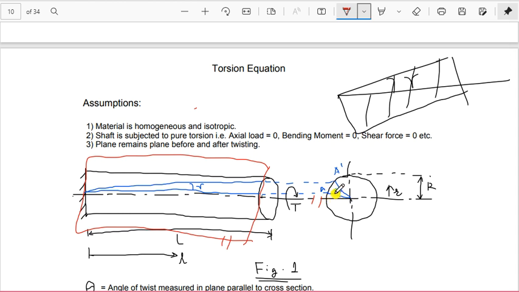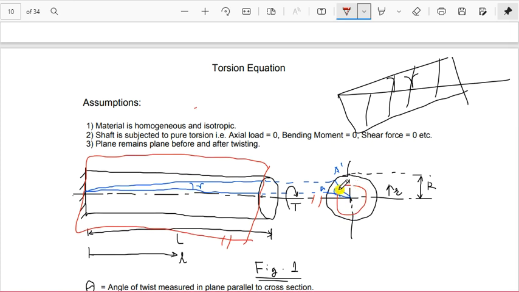By looking at this figure only, you can understand, even though we reduce, let us say we are reducing the diameter like this, then this theta will not change. That means theta is independent of radius.